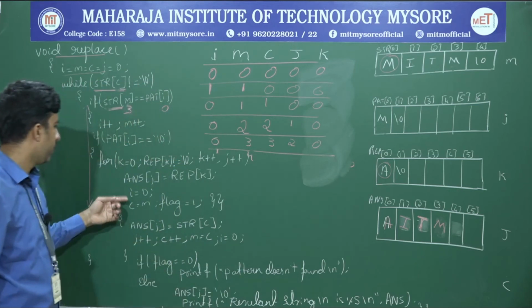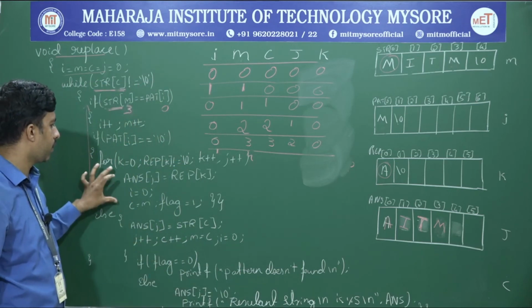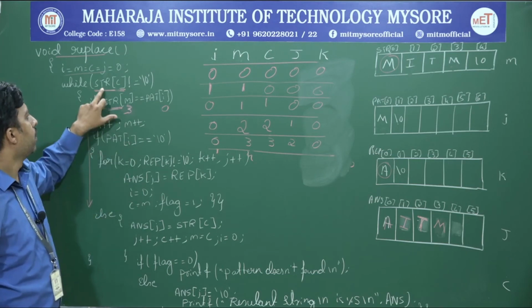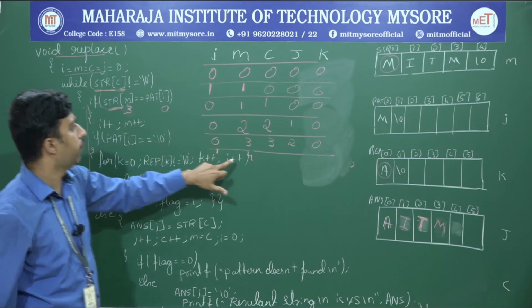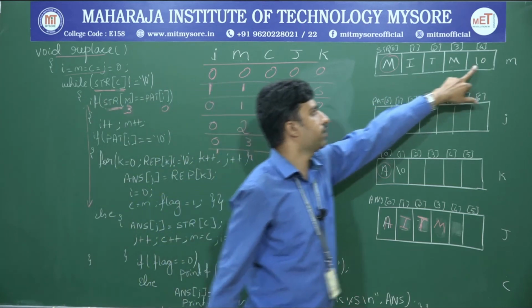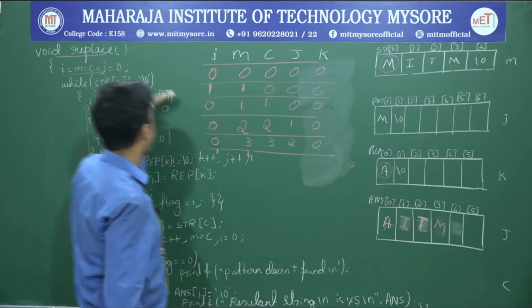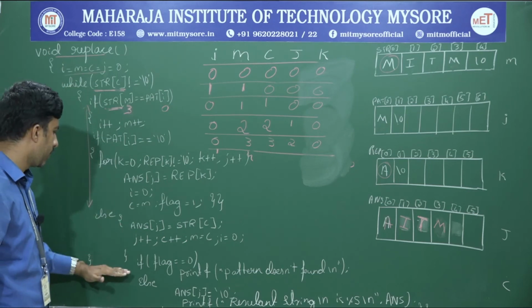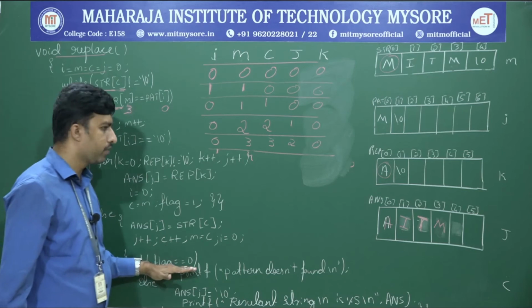Once the replacement components are run, next c gets incremented and you check that one, str of c, the c value is 4 now, and str of 4 is null, for that reason this condition breaks and it comes to this part. Checking that one, flag is equal to 0.